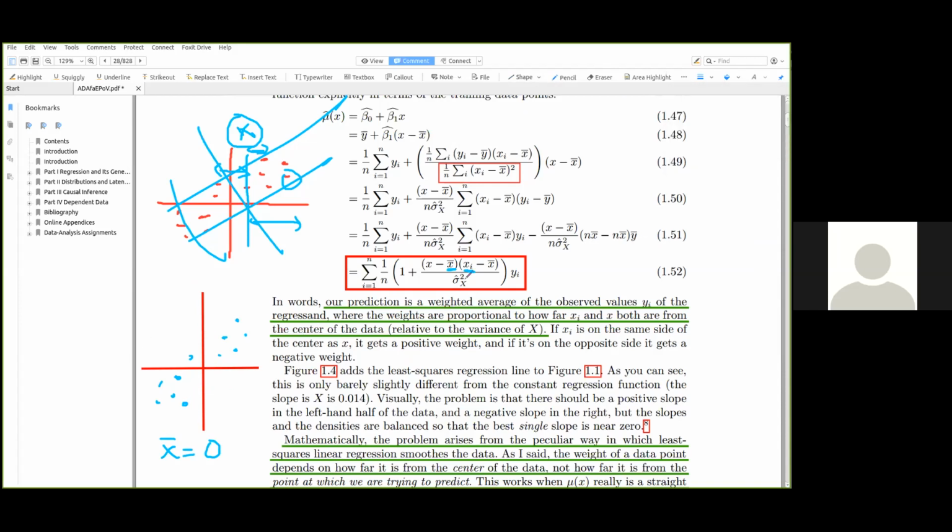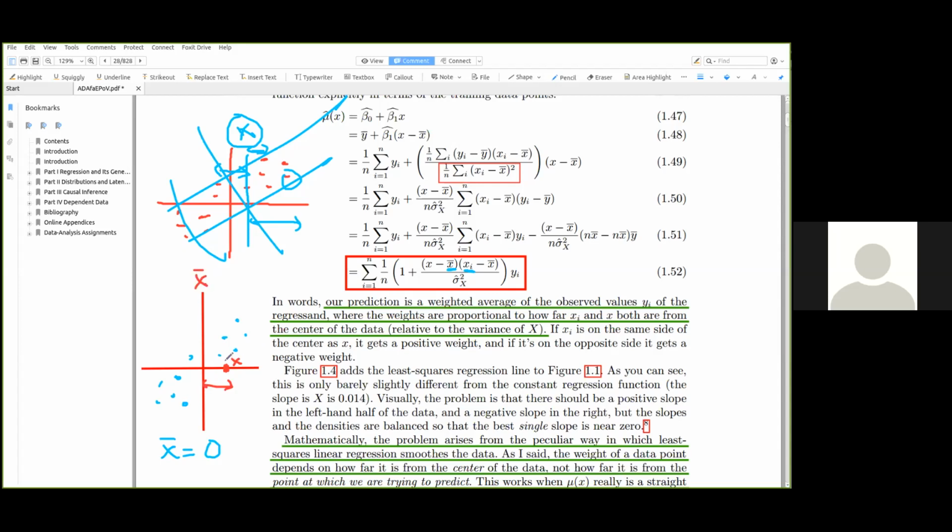So now, according to this equation, if I want to calculate what my corresponding value of y would be at this point, whatever this point is, I'll do two things. First, I'll calculate the distance of this point x from x bar.